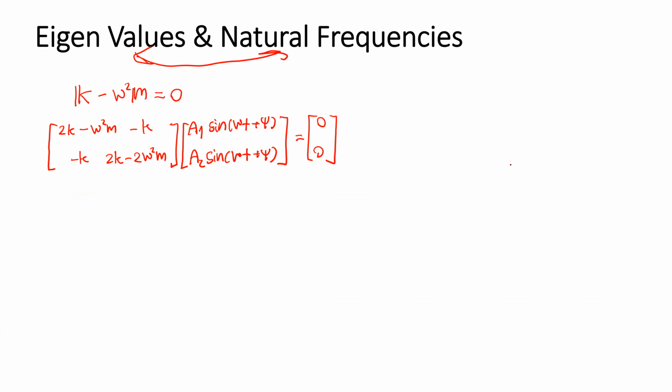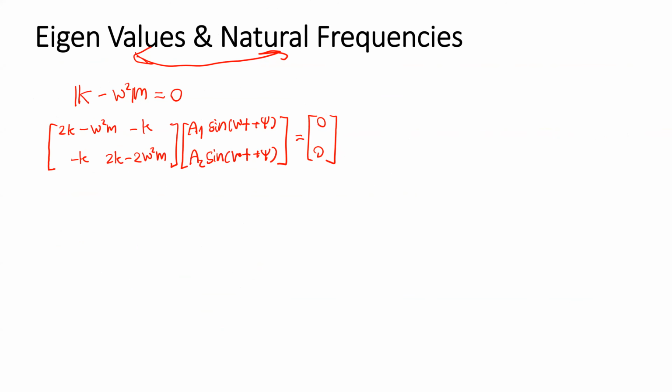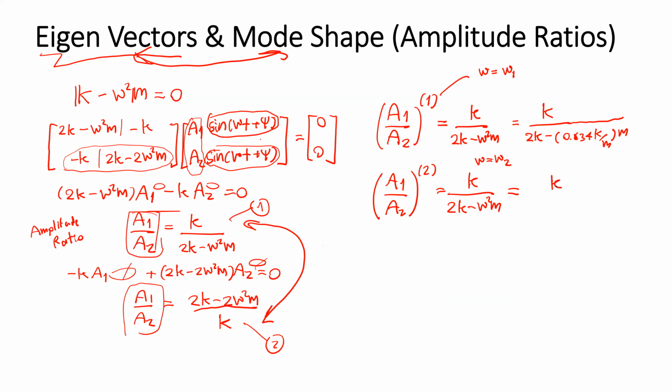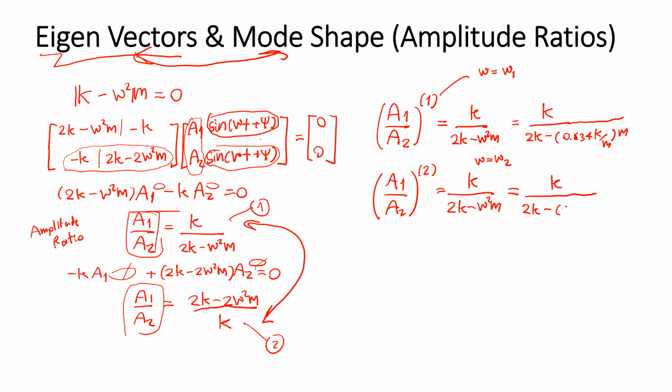The second natural frequency is the square root of 2.366 k per m. This is the second mode.